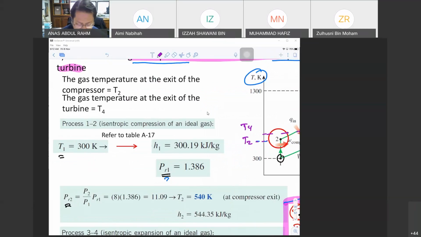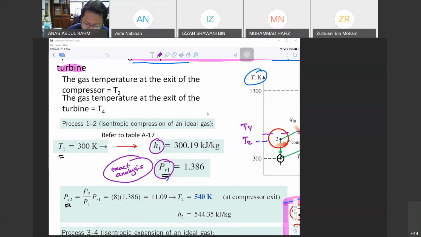Okay, T1 was given. So if we refer to table A17, we can get this particular value, h1 and Pr1. All right. So if you notice, in this problem, which method are they using? They are using the exact analysis method.